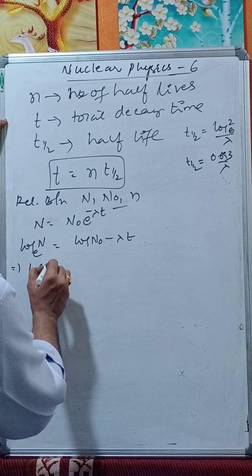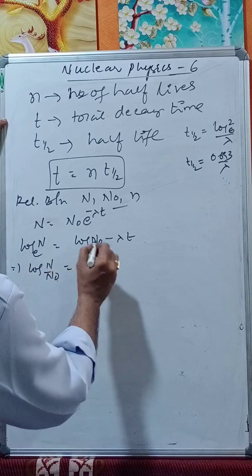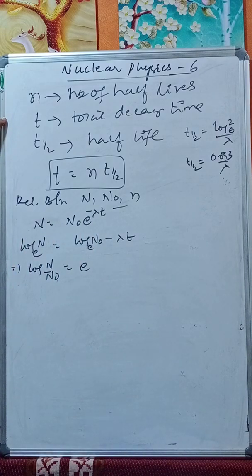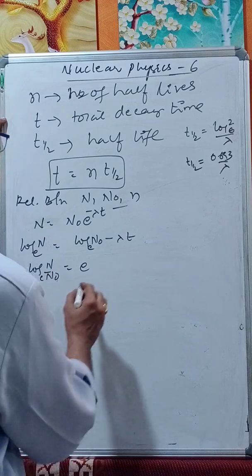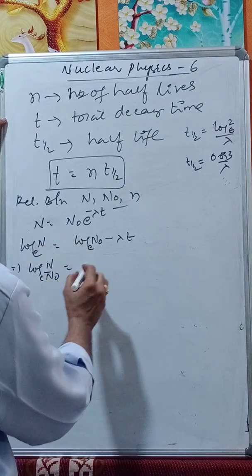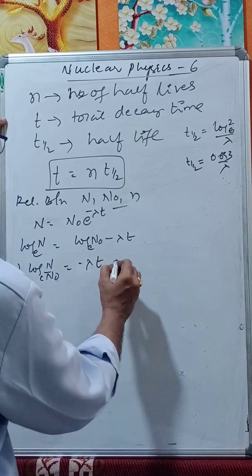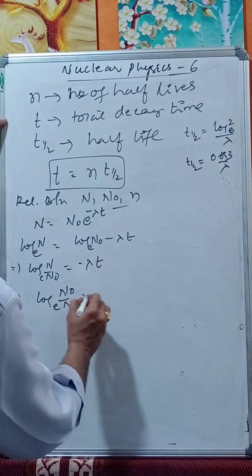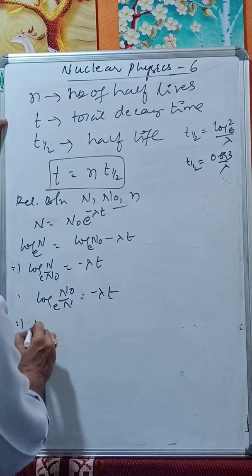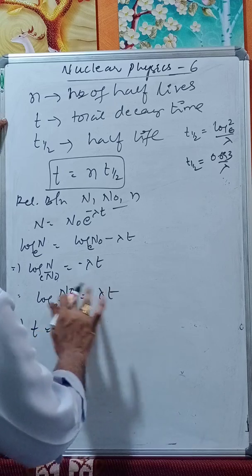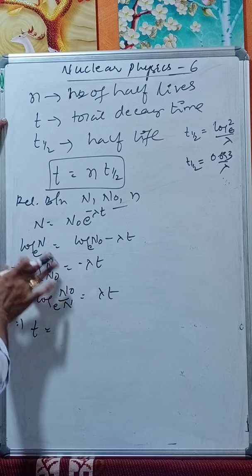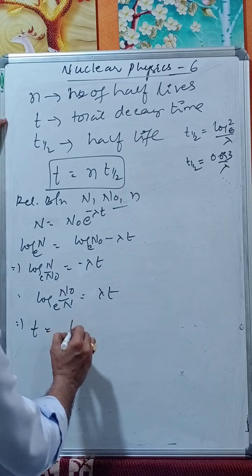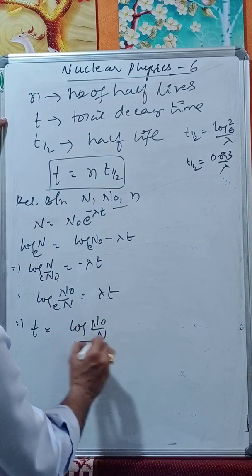This implies log n naught by n to the base e is equal to plus lambda t. Therefore, t is equal to log n naught by n, by lambda.